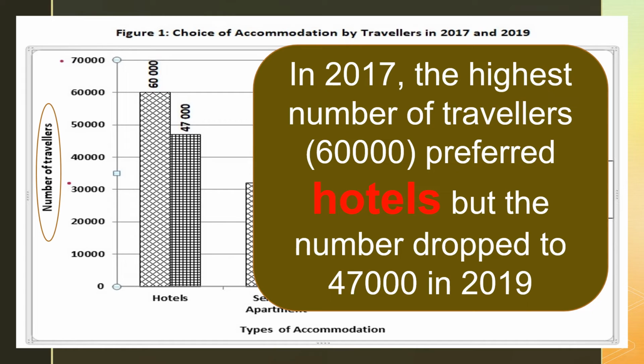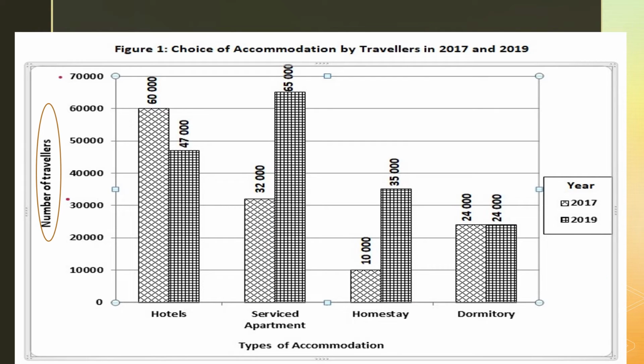The highest number of travelers, 60,000, preferred hotels, but the number dropped to 40,000 in 2019. Okay, from here it dropped to 47,000. Okay, another analysis.